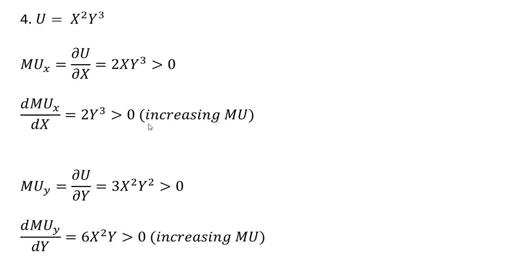That increasing rate part is coming from the fact that the derivative of the marginal utility of good x is greater than 0 or positive. Likewise, for good y, the marginal utility is positive, so as we consume more of good y, utility increases, but because the derivative of the marginal utility of good y is greater than 0, marginal utility is increasing at an increasing rate. So we have increasing returns here for consuming good y.